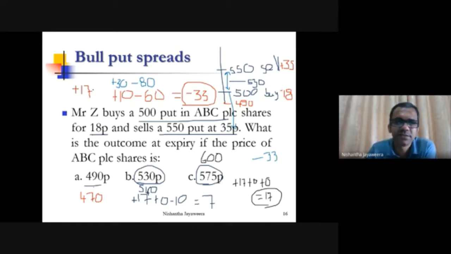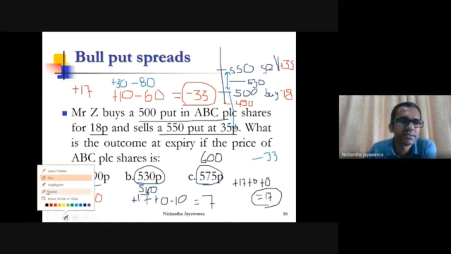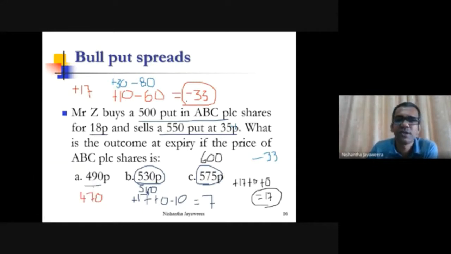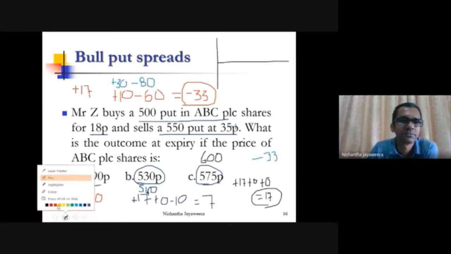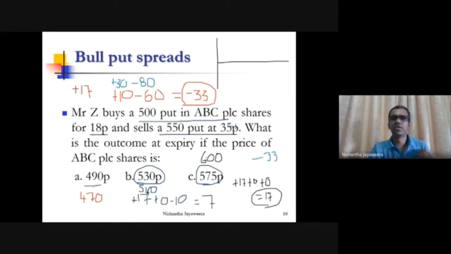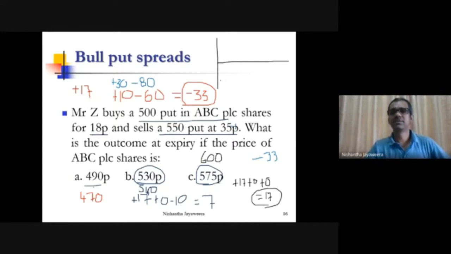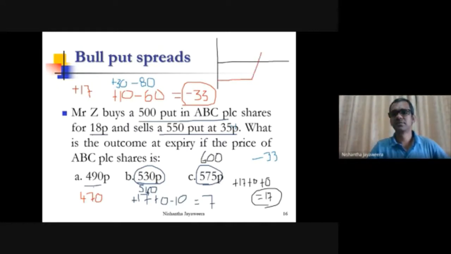It would be the same as what we had for a bull call spread. So you can see here, below 500 it was minus 33.